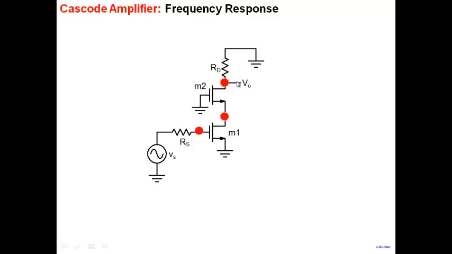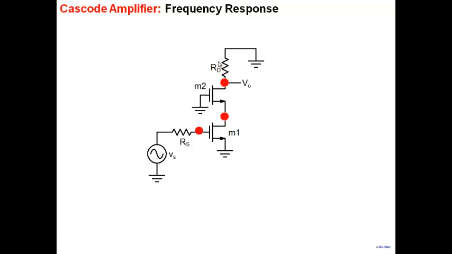Although my output is here, to apply Miller's theorem I need a gain between these two points. So let's calculate the gain between these two points. Remember, we are building this Cascode amplifier with the hope that it will not suffer from Miller's effect. We know that we have a large gain between here and here, depending on the value of RD.